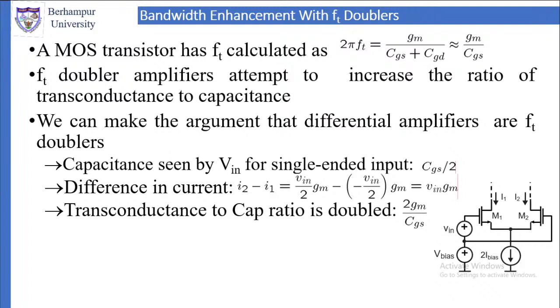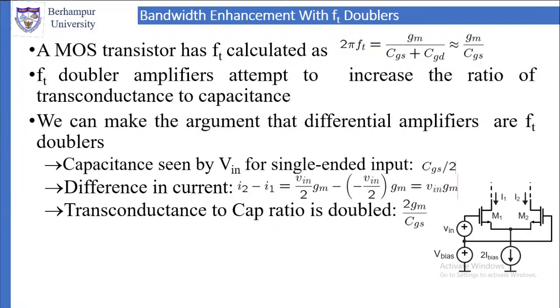So we make the argument that difference amplifiers are Ft doublers, because the capacitance seen by V in for single-ended input is CGS by 2, because we have two amplifiers in difference mode.